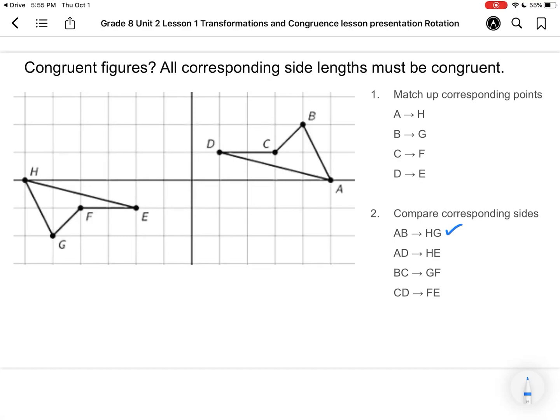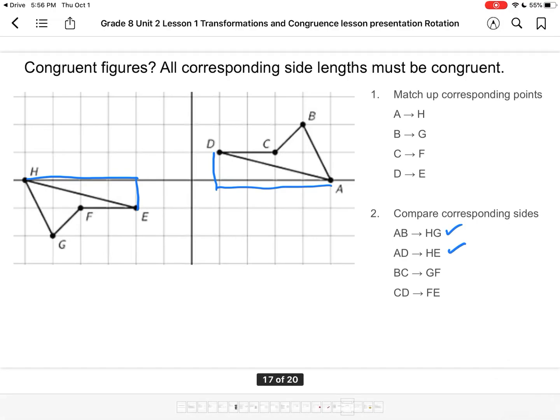AD is a diagonal line across 4 boxes in length this way and 1 box in width, and HE is across 4 boxes in length and 1 box in width. And so compare all 4 pairs of sides and make sure they're all the same length, and then we can say, yes, these 2 figures are congruent.